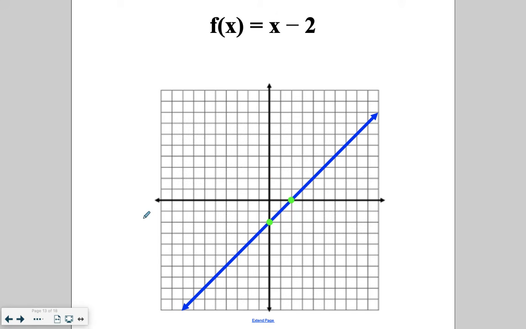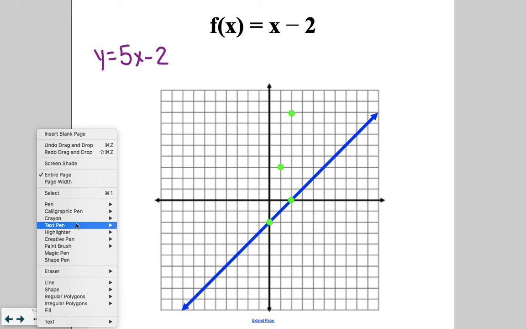Now, thinking about that other option where we had y equals 5x minus 2, and I said that that was a horizontal compression, think about our new points now. We've got still our y-intercept is at 0, -2, but now from there we're going up 1, 2, 3, 4, 5, and over 1. And then again up 1, 2, 3, 4, 5, and over 1.